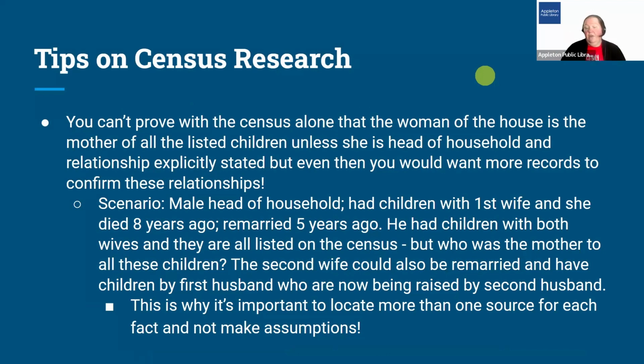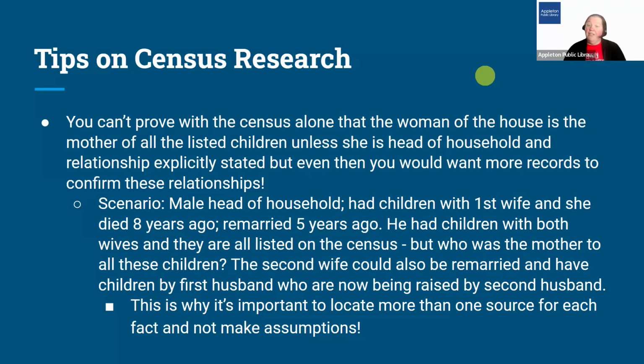So think about this scenario. You've got a male head of the household. He had children with his first wife, and she died 8 years ago. He remarried 5 years ago, and he had children with both of his wives. All of these children are listed on one census with him as the head of the household. But who is the mother to all of these children?